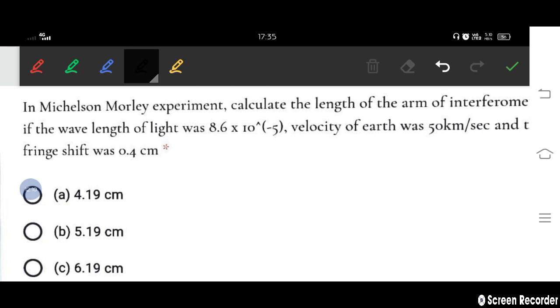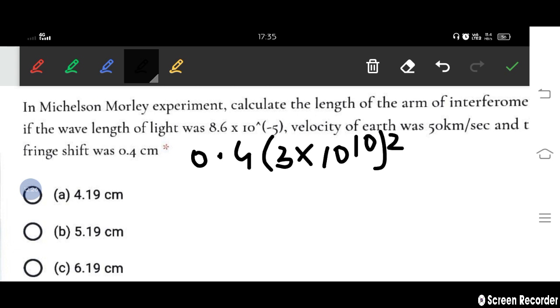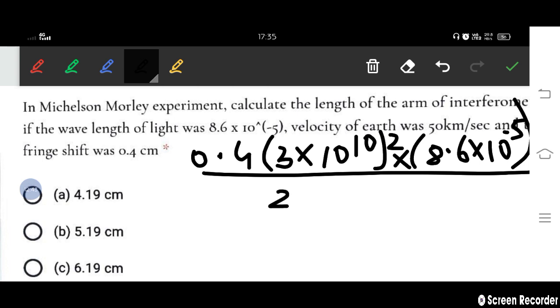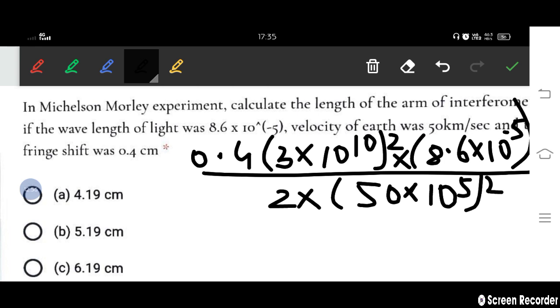So it will imply 0.4 into (3 into 10 to the power 10) square into 8.6 into 10 to the power minus 5 upon 2 into (50 into 10 to the power 5) square.